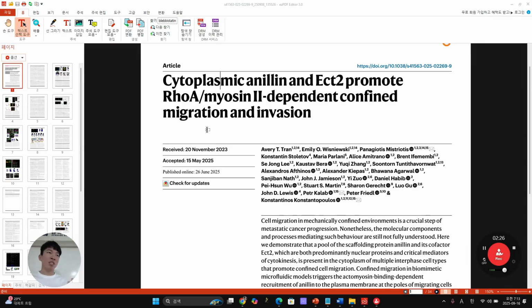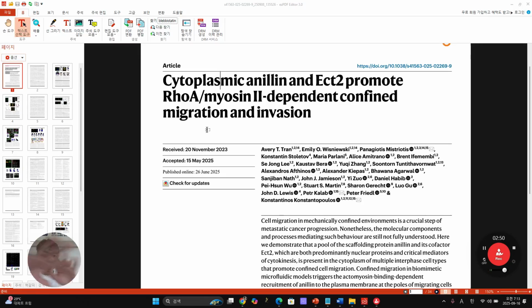Confined migration: when you see cells on a cell culture plate, they naturally spread out, right? But confined means that they have to penetrate very narrow sites. From the cell's point of view, in the body, when they want to move from one place to another, they cannot fly.